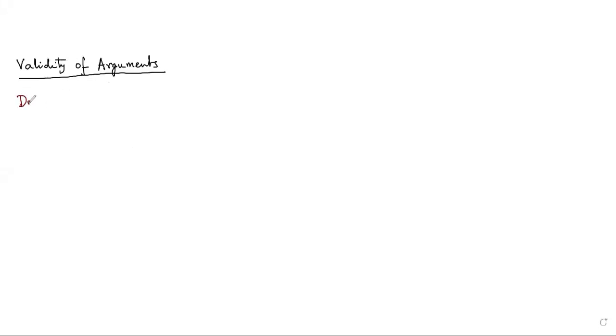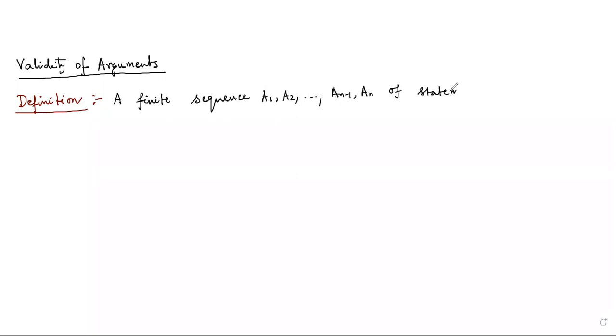Our first definition of today's class goes like this. I am going to write the definition first, and you note it down in your copy. A finite sequence A1, A2, ..., AN-1, AN of statements is called an argument.